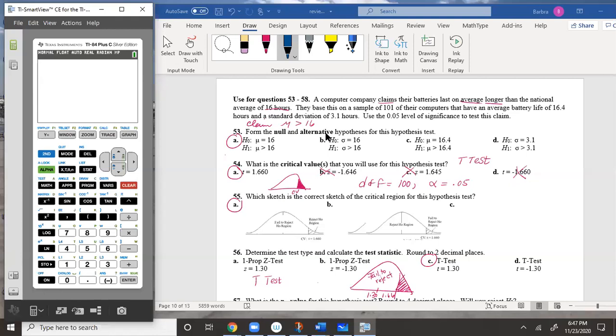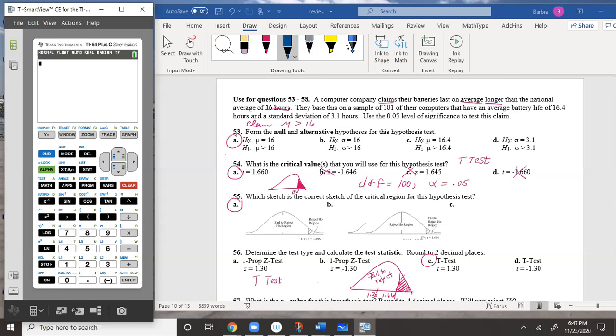The claim, as underlined, is that batteries last on average longer than 16. So mu is greater than 16. That's my claim. The null is mu equals 16, and the alternative is mu greater than 16. So A is the correct answer for 53.